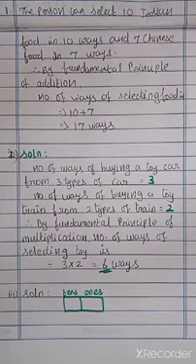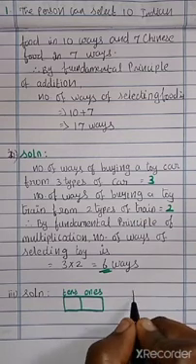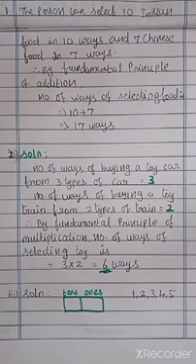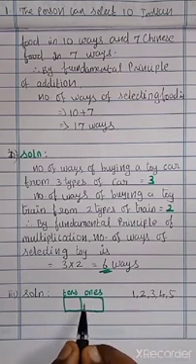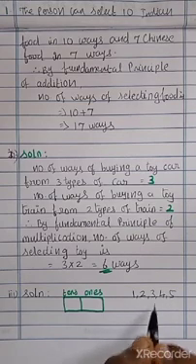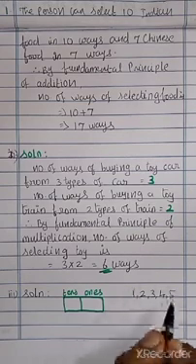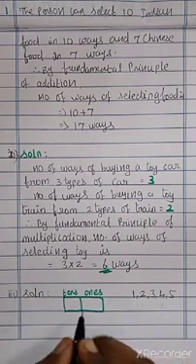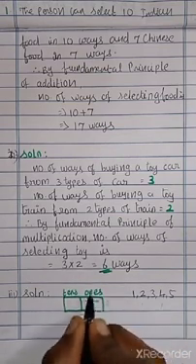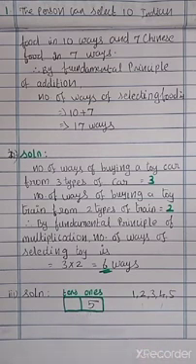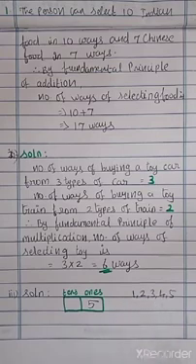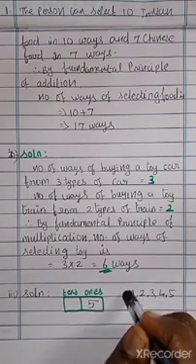Now, what are the numbers given? 1, 2, 3, 4, 5. Correct? So in the ones place, how many numbers can we put? We can put 1, 2, 3, 4, 5. So there are 5 ways to fill the ones place. Now one number will go off, any number.